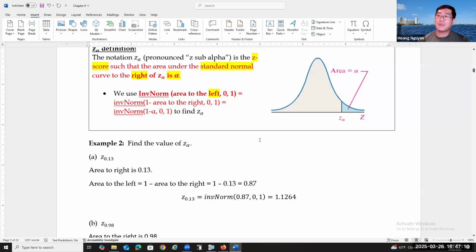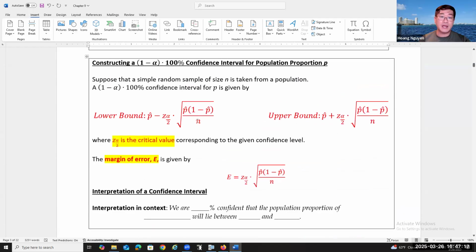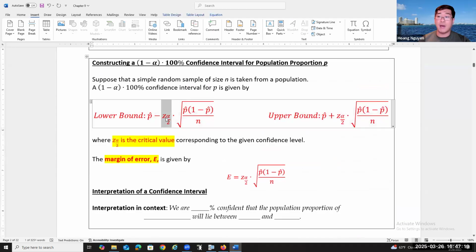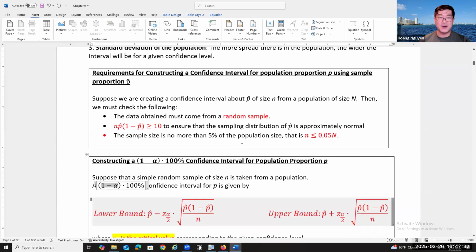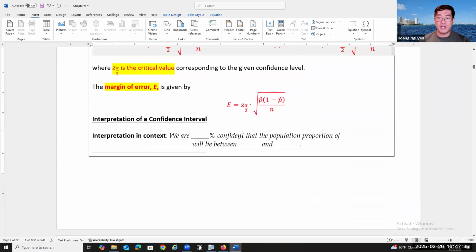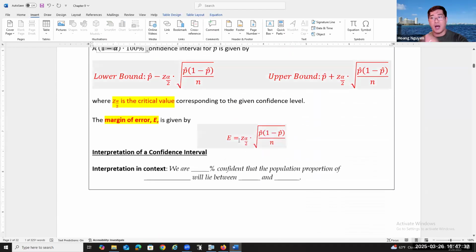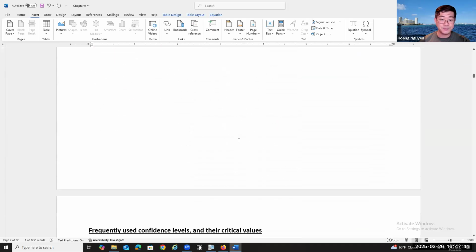After we get the idea of Z sub alpha, now we can apply it to Z sub alpha over 2, because in the calculation of the confidence interval we have Z sub alpha over 2. Before we can find Z sub alpha over 2, we need to know alpha. 1 minus alpha is the confidence level, so alpha is the complement of the confidence level.